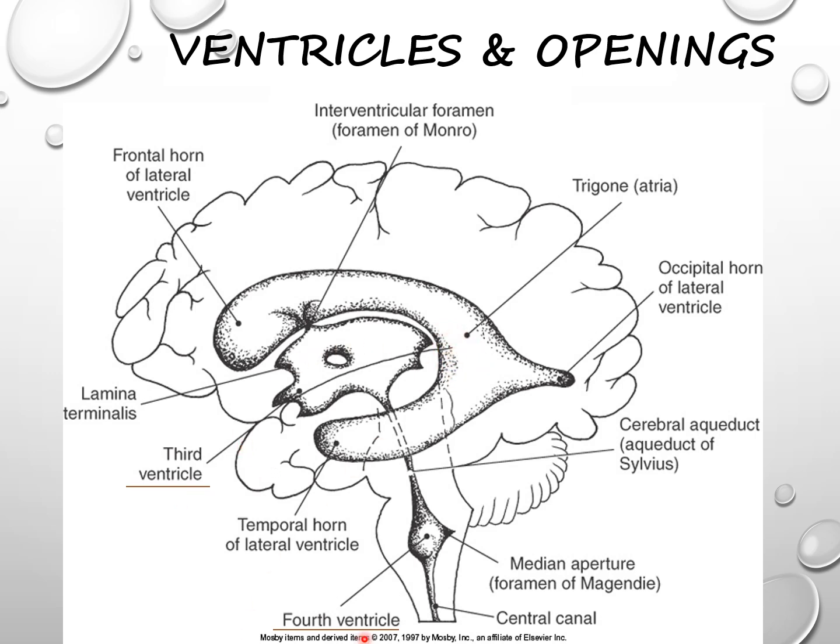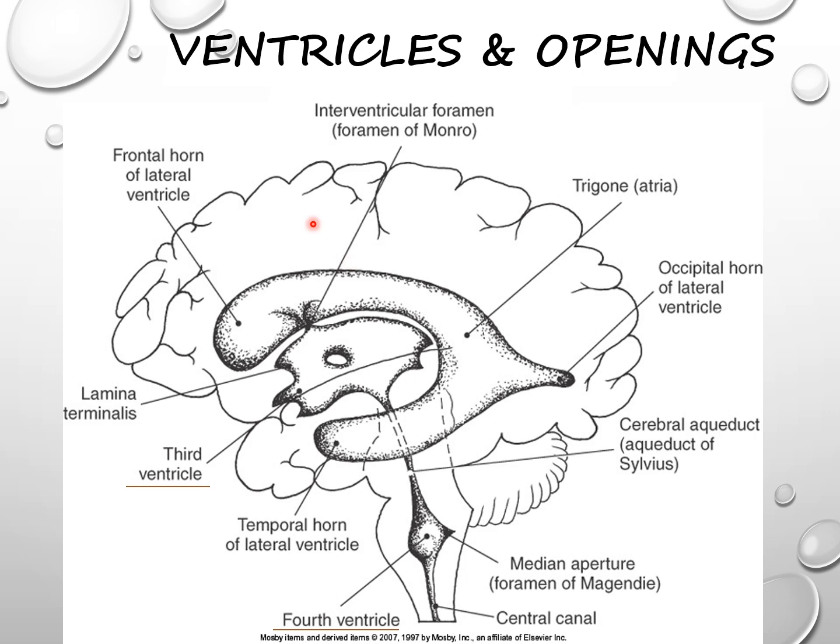We have our fourth ventricle, which is near the pons, which is part of the brain stem. Those are the ones I really want you to focus on. There's a lot of terminology here, but the main ones are lateral ventricles, third ventricle, fourth ventricle, and know where they're located. Fourth ventricle in the brainstem, third ventricle in the center of the skull, and the lateral ventricles are up here on top.